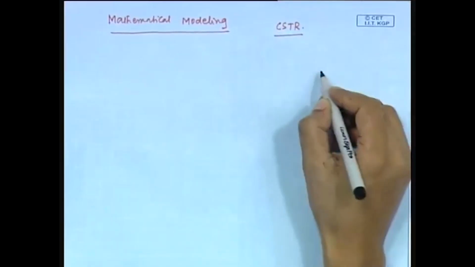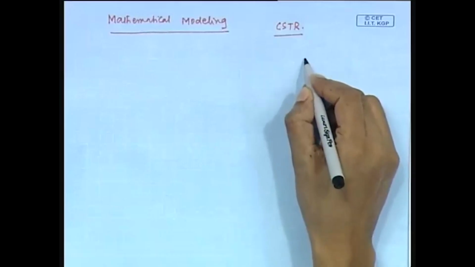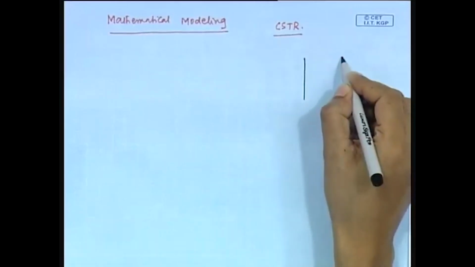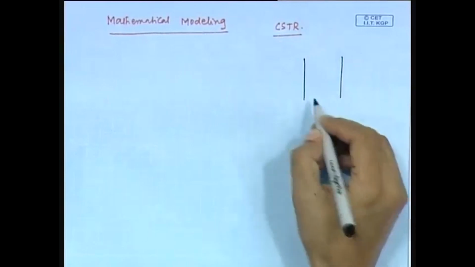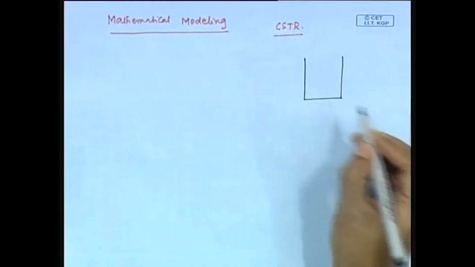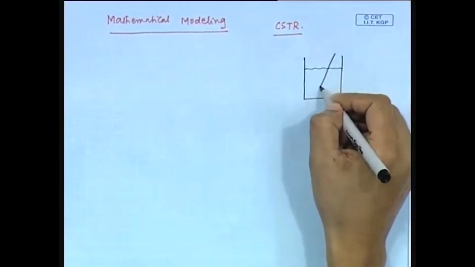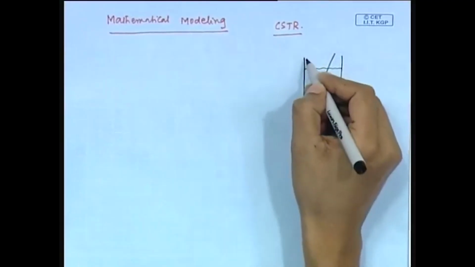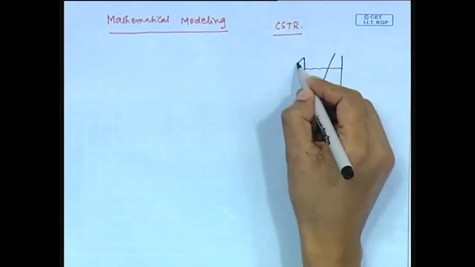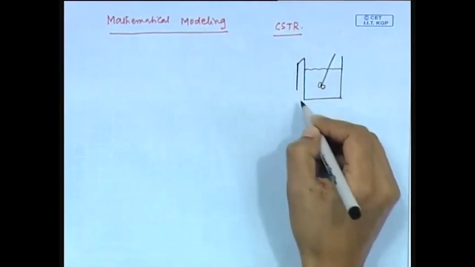This is a jacketed CSTR. This is a tank. This is the jacket.